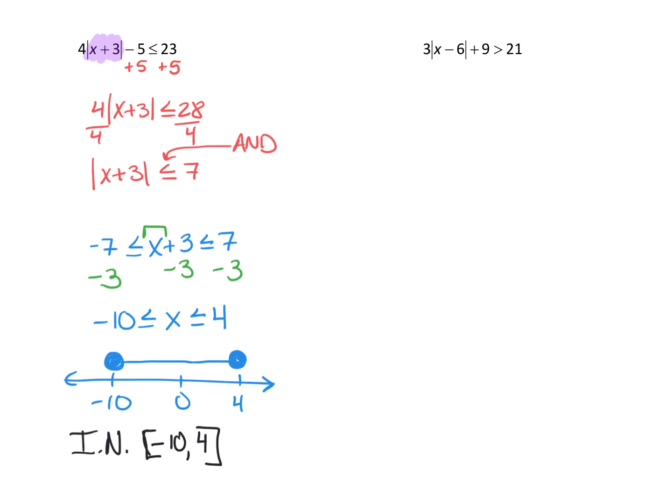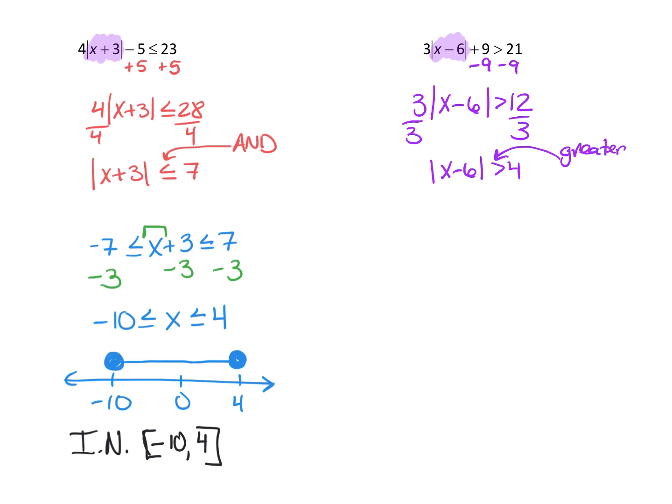On this next one, similarly, I would like to get this absolute value part alone. So to do that, I'm going to minus 9, then divide by 3. Since it's greater than, it is an or.